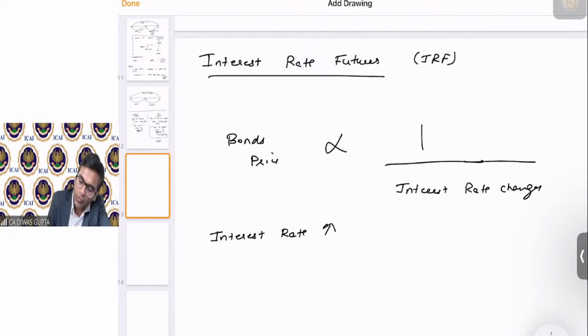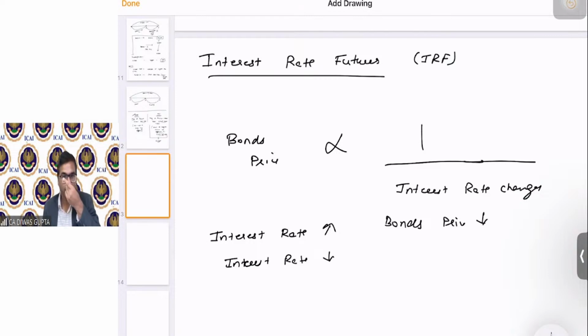Interest rate, if it moves up, or interest rate, if it moves down. What will happen to bonds price, students? Bonds price will also move down. Okay. Here the bonds price will move up.